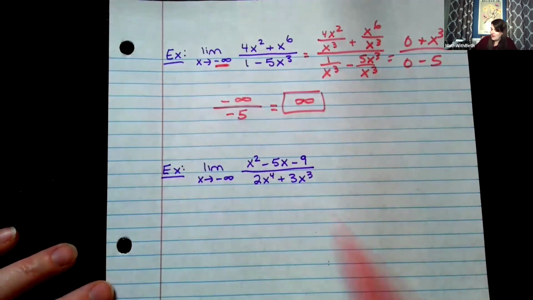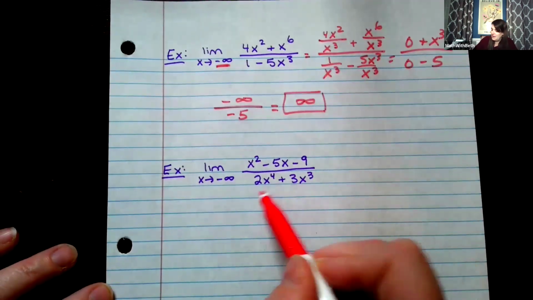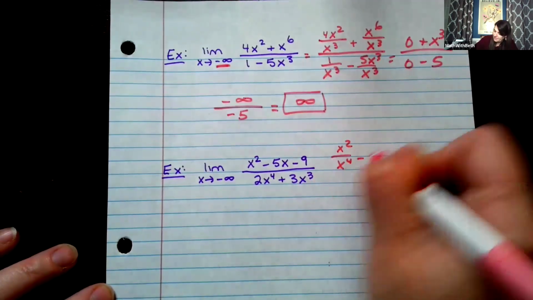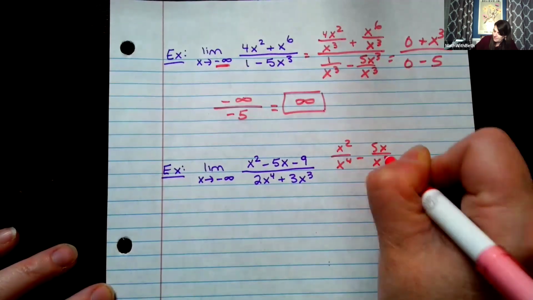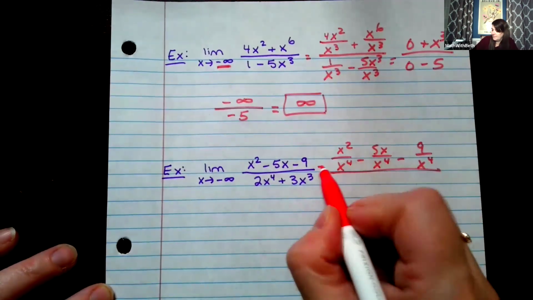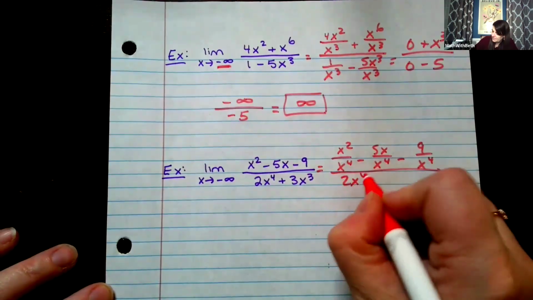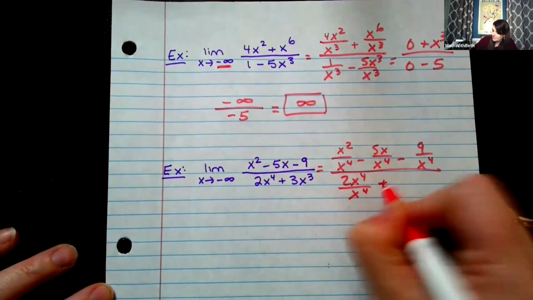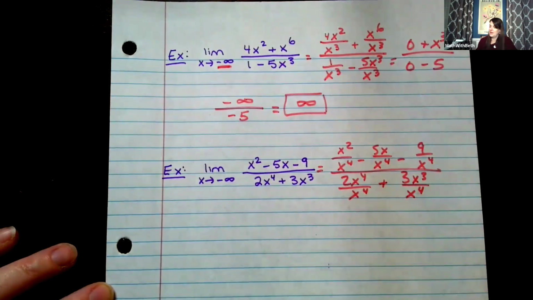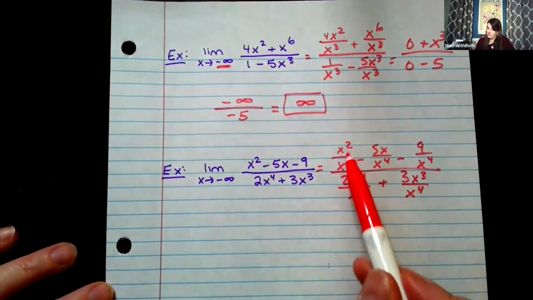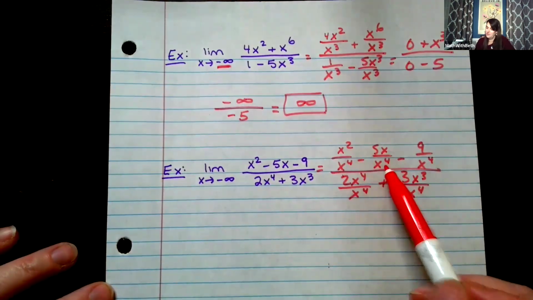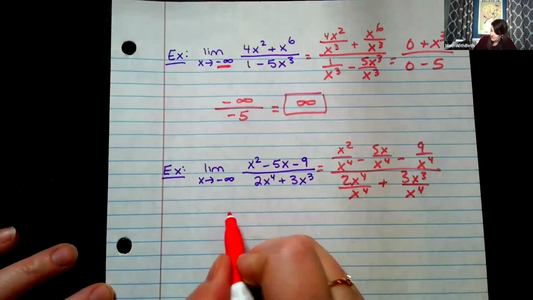Last one, dividing everything by x to the fourth. Okay, so this turns into 0 minus this turns into 0 minus this turns into 0.